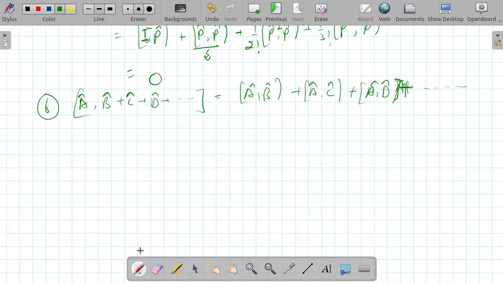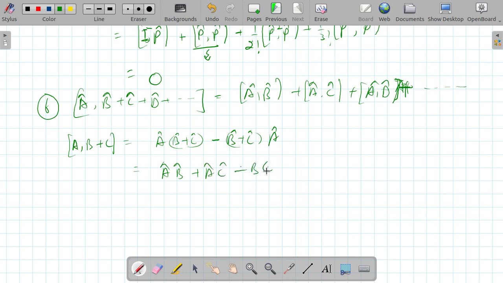For this, let us take an example: if I have the commutator of A with B plus C, then how will things change? It is A times (B plus C) minus (B plus C) times A. If I try to simplify it, it is AB plus AC minus BA minus CA.